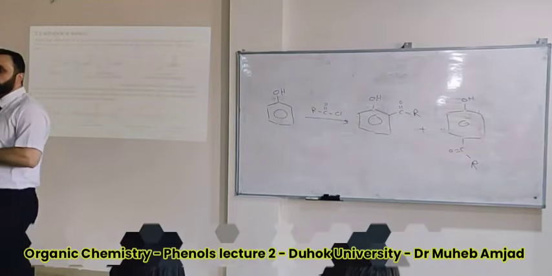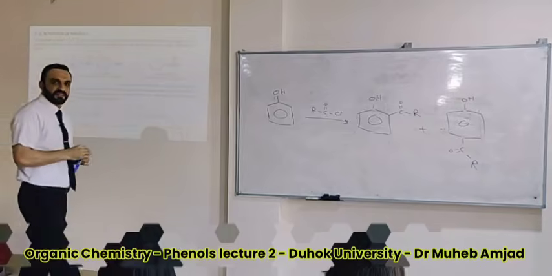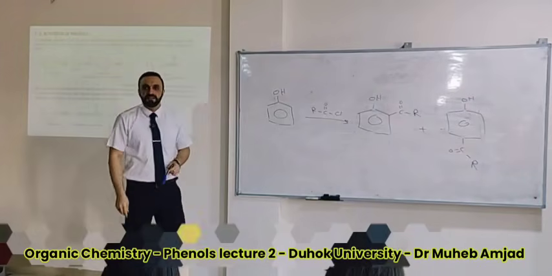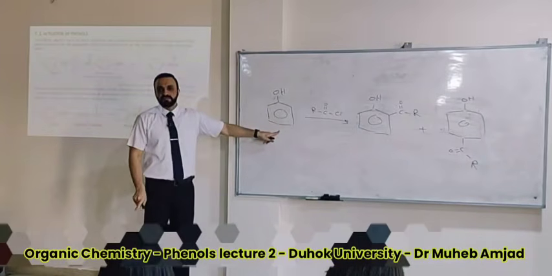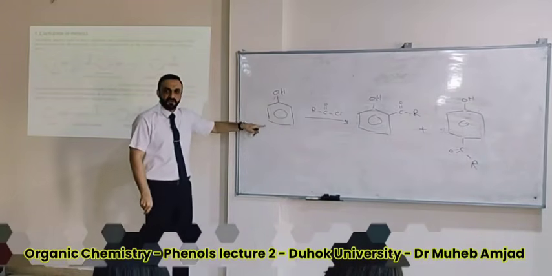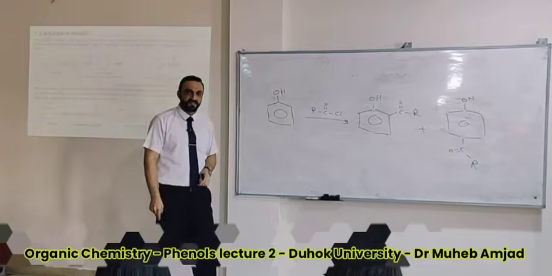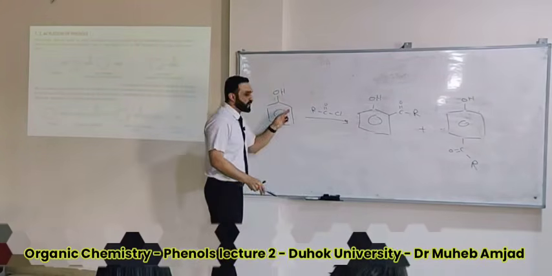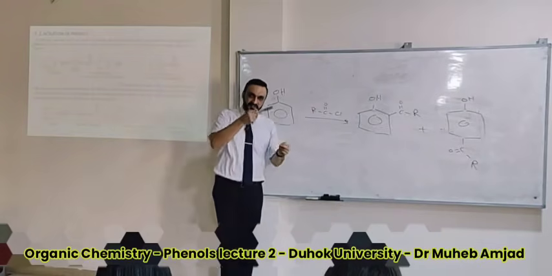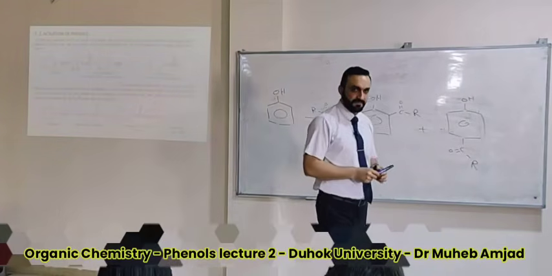Why two components? Not to protect, and not stability. Because the OH is an ortho-para director, not a meta director. If I ask why the OH is an ortho-para director, you go to the stability and resonance structures.